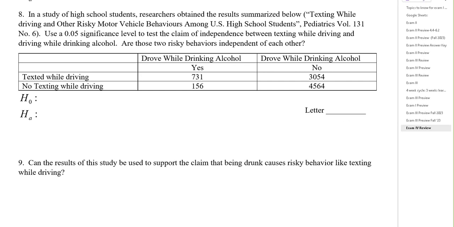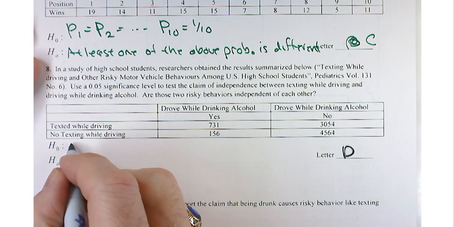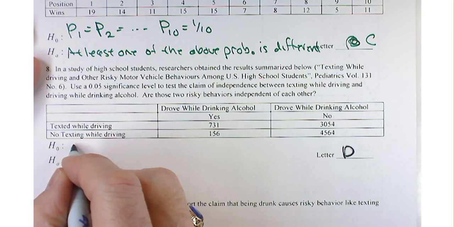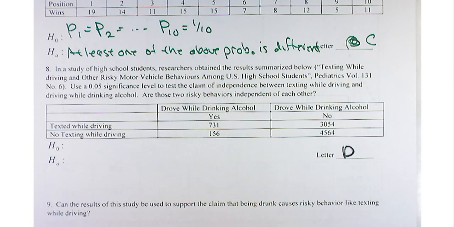So default is that there's no association, that they're independent. So H naught, we could write that drinking while driving and texting while driving are independent. Let's see, do I want to write it out?